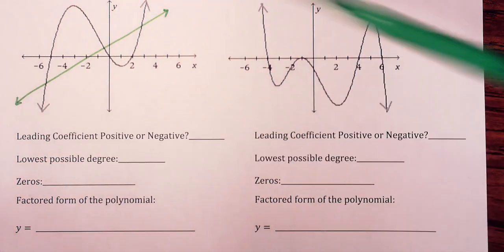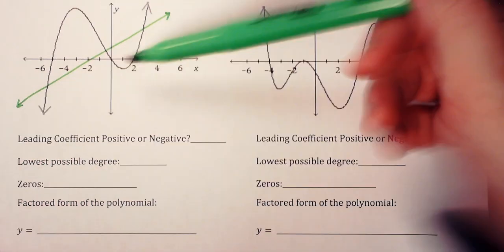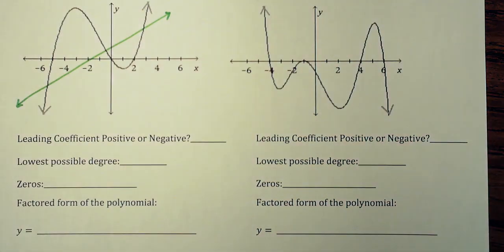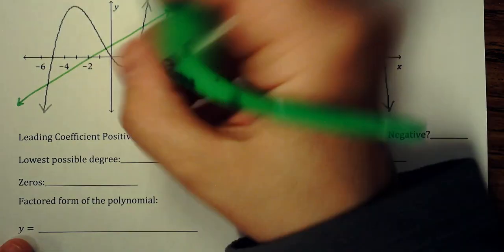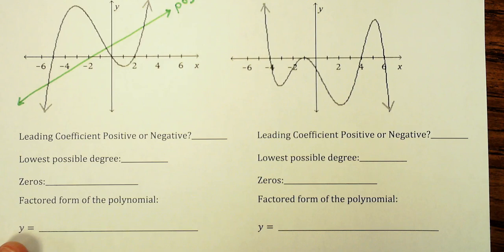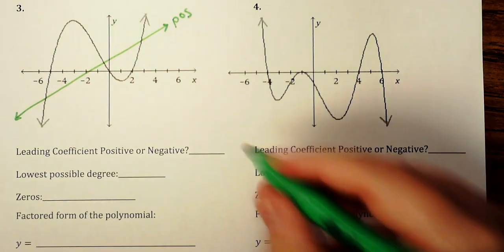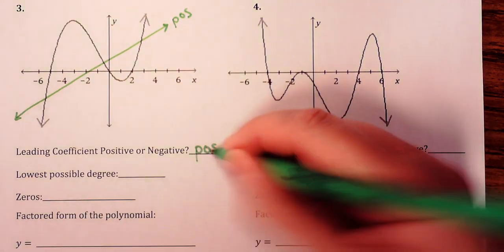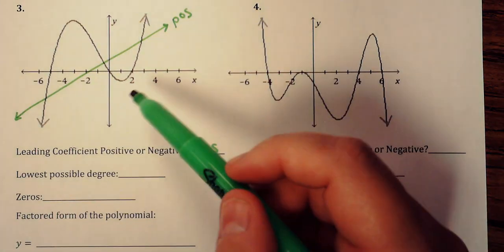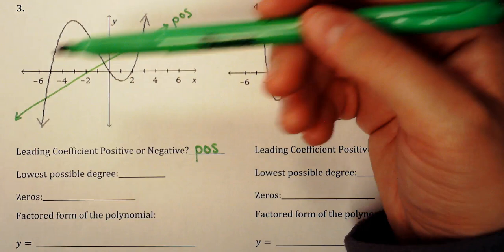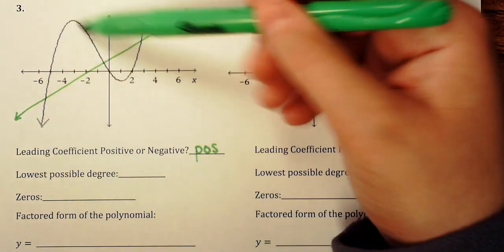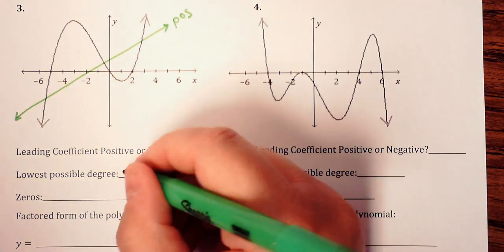This is going down at the beginning, up at the end, and I think about, okay, would that line I just drew have a positive or negative slope? This is going up and over to the right, so this would have a positive slope, and so I know this odd function is positive, so that's how I remember that. Just a little sketch to help me think about that. Now, in terms of your degree, you've got 1, 2, 3 different directions, so this is a 3rd degree.